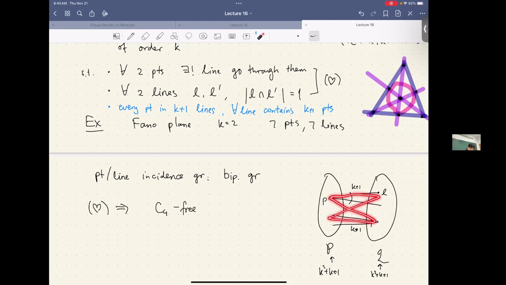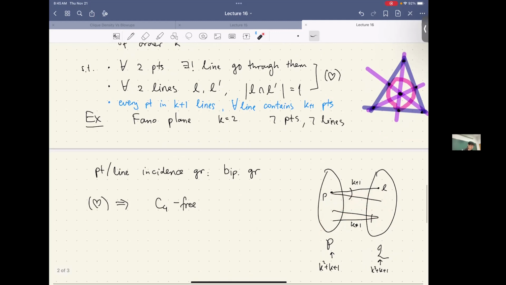If you have a C4, what would that mean? P and P prime have 2 neighbors L and L prime. What does that mean? That means for these 2 points P and P prime, there are 2 different lines going through this pair of points. And that's not a property we know. Good. So this is the point line incidence graph.